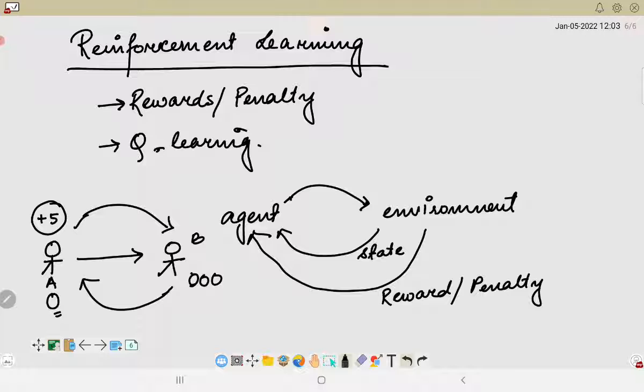So now the person will give this 5 rupee note to the shopkeeper, and the shopkeeper will not give him any fruit. So in this scenario, what will this person realize? Agent A will realize that with 5 rupees he cannot buy one fruit. So it is associating one penalty, that he did not get any fruit although he has given 5 rupees.